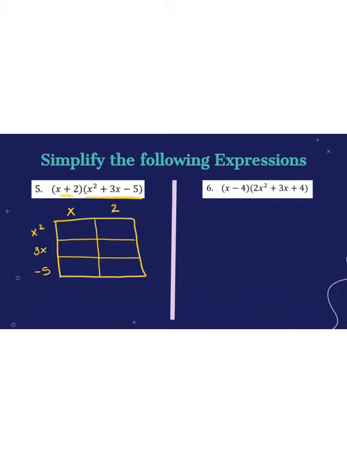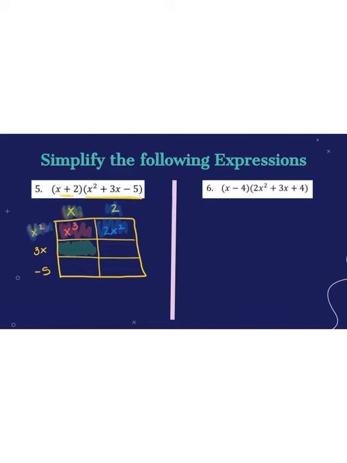So I'm going to start first with this box right here, and this x and this x. Okay, so x squared times x is x to the 3rd. Then I'm going to move over here with this 2 and this x squared. So 2 times x squared will give you 2x squared. I'm going to move down a box, so now I'm in this one right here.